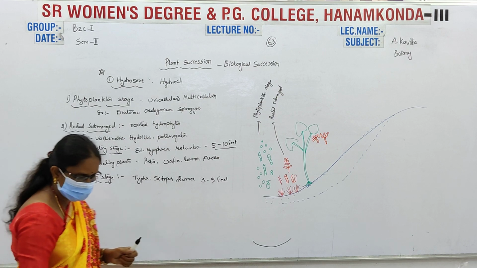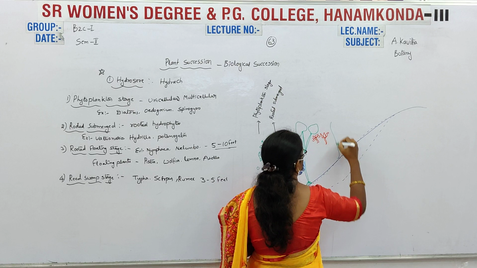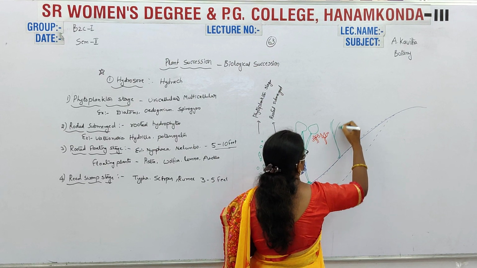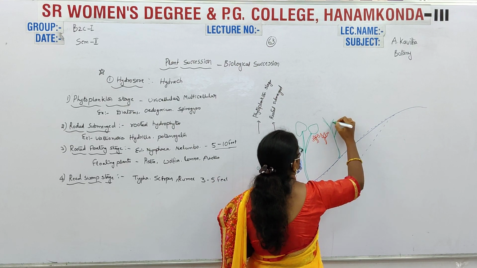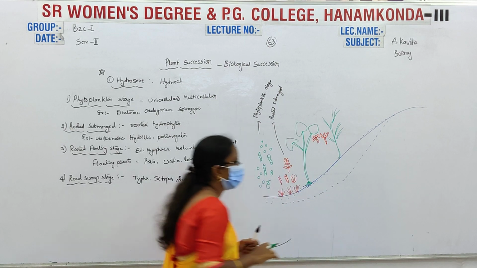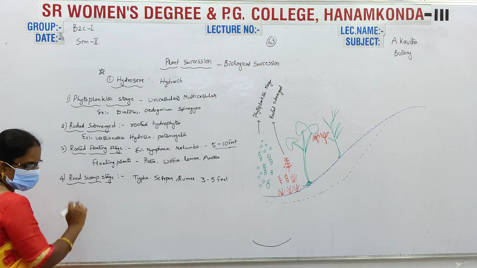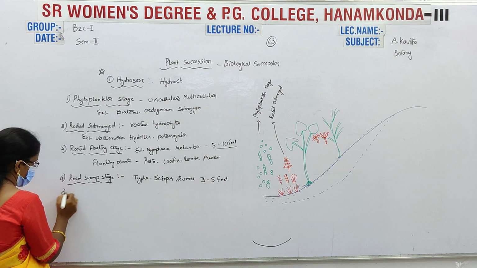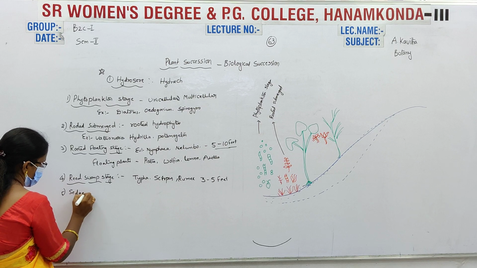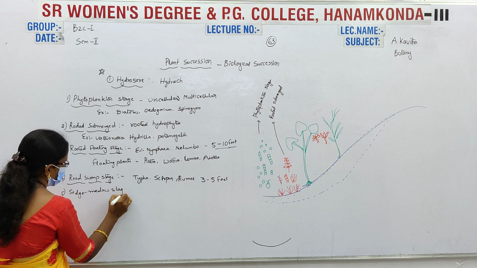In the reed swamp stage, some types of plants grow. And next one is the sedge meadow stage.